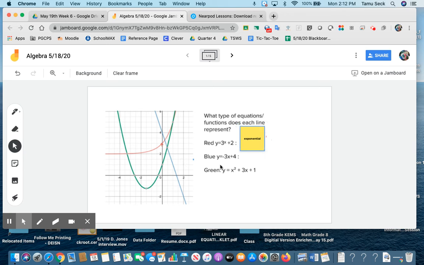So the blue one, negative 3x plus 4. So it begins at 4, and then it's going down 3 and over 1. It is linear.